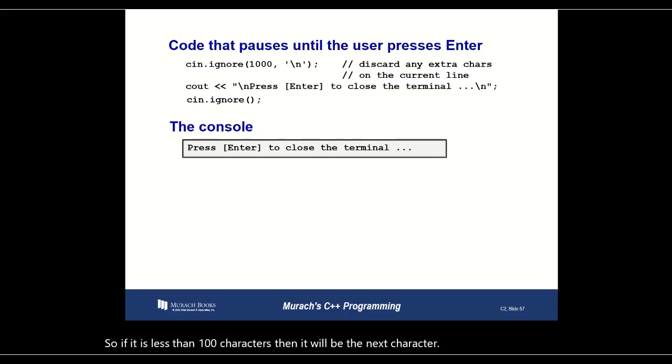This is very important because we use it frequently. Typically you write cin.ignore, which discards any extra characters on the current line. Now you write press enter and then you write cin.ignore this way. That way it will be paused, and once you press enter, the program goes to the next step.